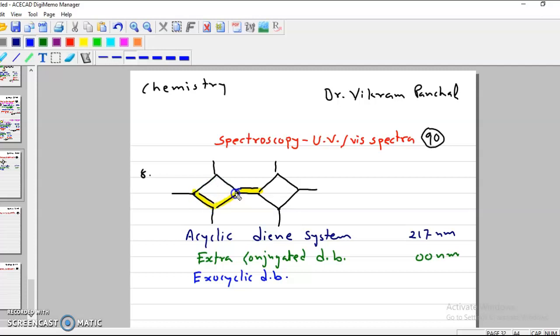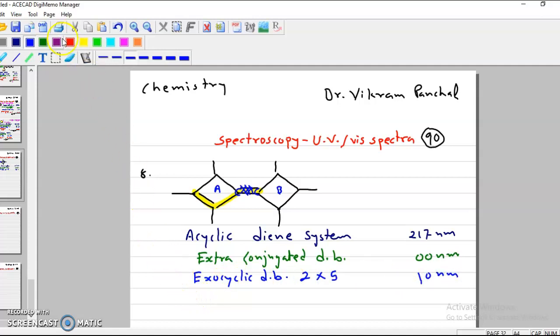But here, this carbon is in this ring A, but the other carbon is not in this ring A, and therefore this will be an exocyclic double bond for ring A. Again, for ring B, this right side carbon is in ring B, but the left side carbon is not in the ring. So this will again be an exocyclic double bond for ring B. So the same double bond is exocyclic for both the rings. So we will take 2 exocyclic double bonds and therefore we'll have to add 10 nanometer for this one.